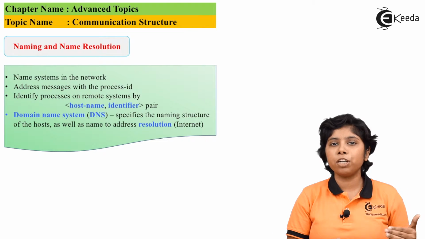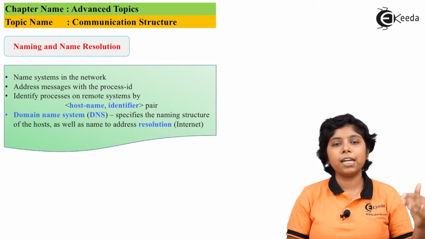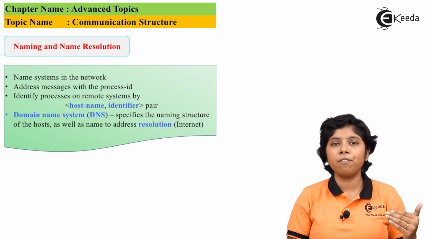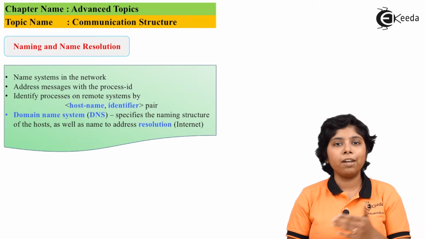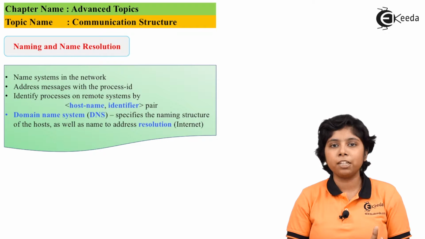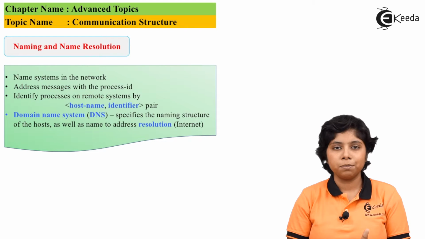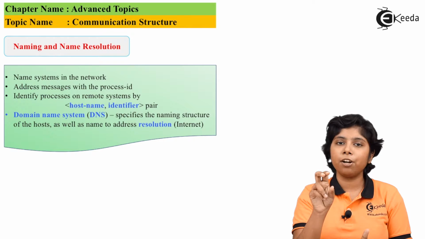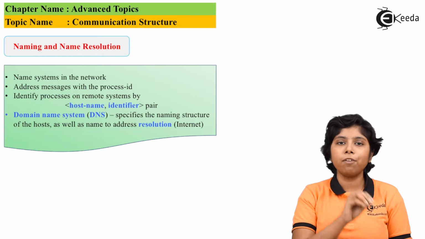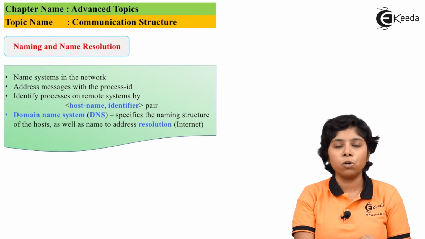Whenever any modification is done, the DNS is informed on behalf of the host, so that every host does not need to update address changes. Only the DNS takes care of these changes, and a host can fetch the new address of another host from the DNS server only.